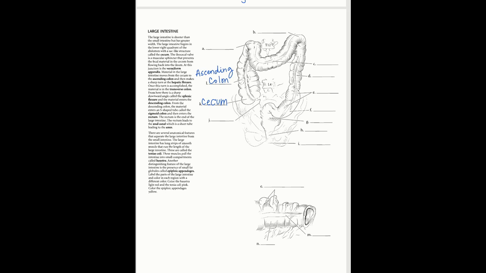As soon as we turn direction, right here, this is referred to as our hepatic flexure. It's also kind of like where the liver would be, which is referred to as hepatic. And then we're going to move across in the transverse colon.